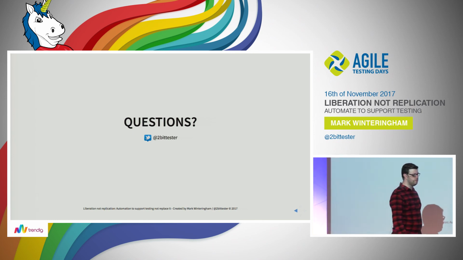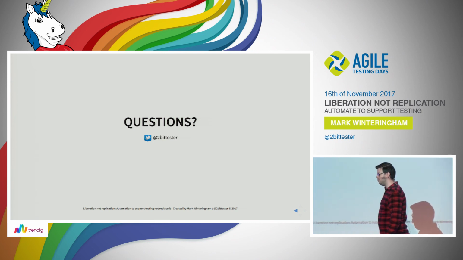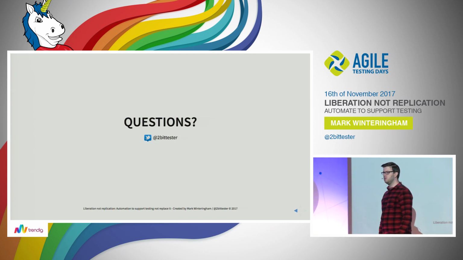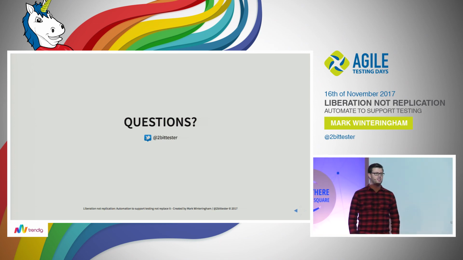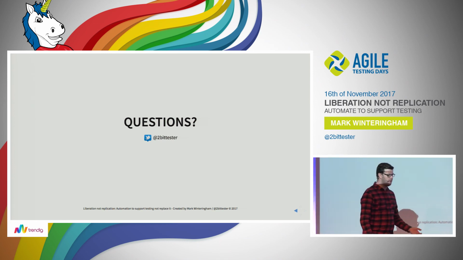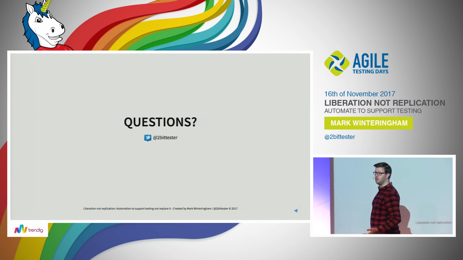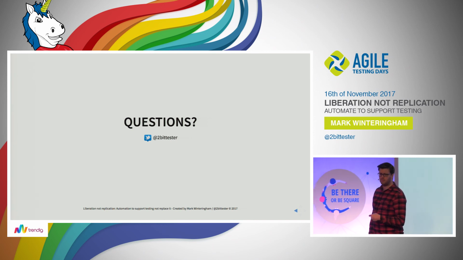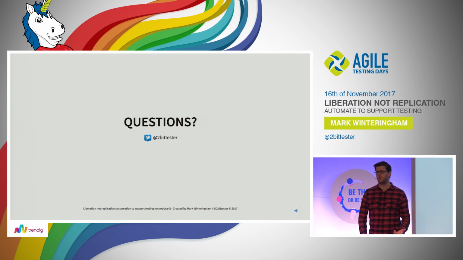So again, how do I influence my team? How do I convince them to take these approaches? Again, I would go back to the pairing and mobbing situation. A lot of the things that I've learned in terms of programming and automation have been through pairing with developers. Whilst I have these little throwaway things that I use, like learning about consumer-driven contracts and API testing, I learned all that by pairing with developers and asking them questions about it.